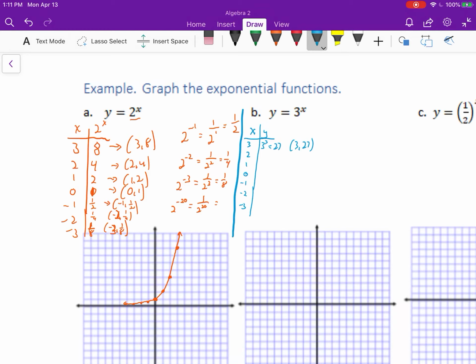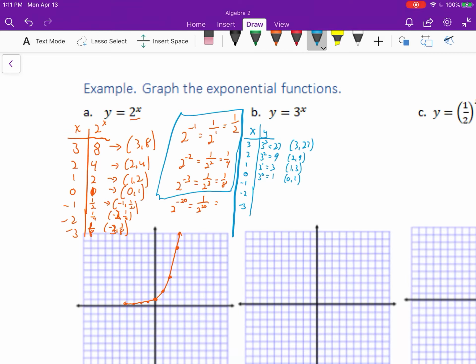So we have the point 3, 27, which will not be on our graph, because our graph won't fit that, but it's still part of the function. Put in 2, 3 squared is 9. So we have 2, 9. Put in 1, 3 to the first is 3. 3 to the 0 is just 1. So the point 0, 1.